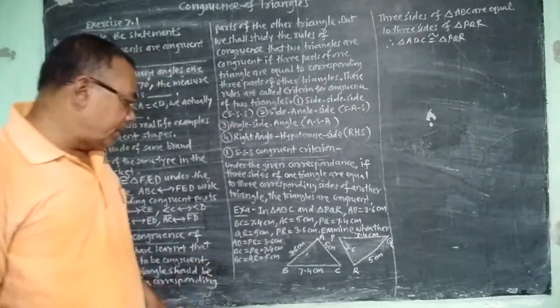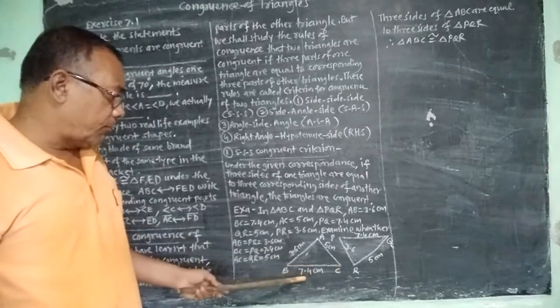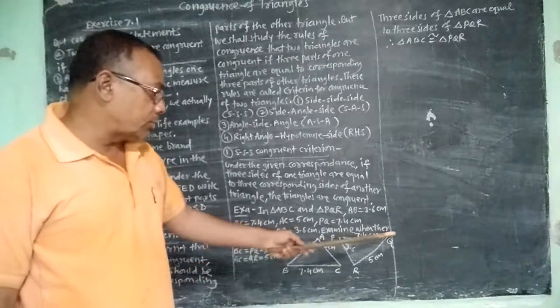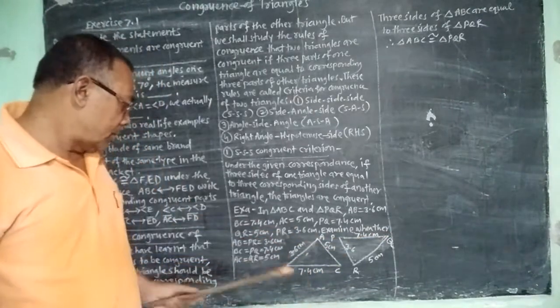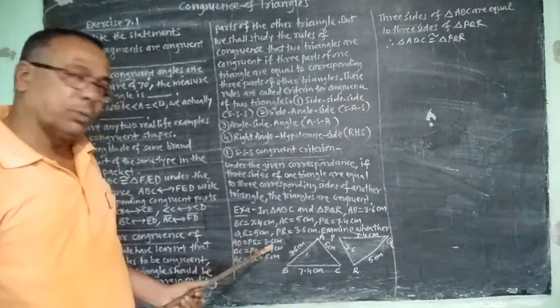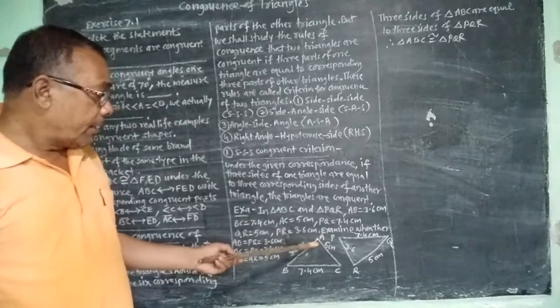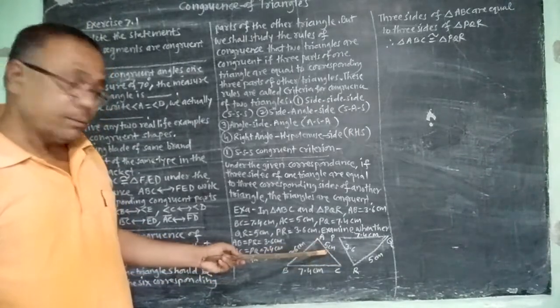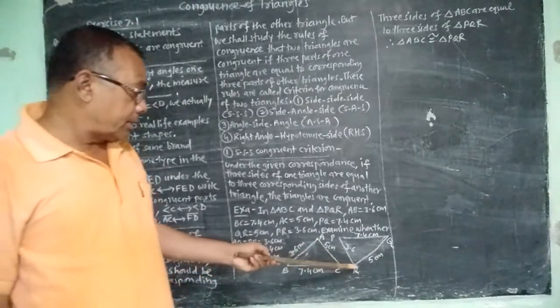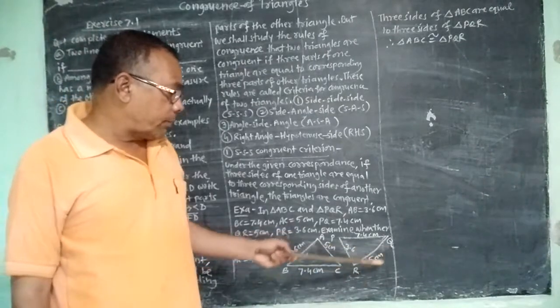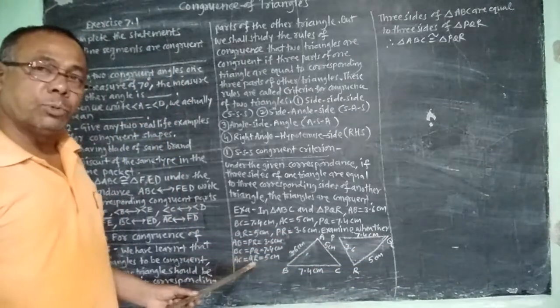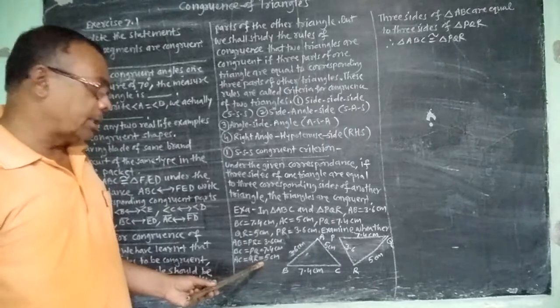Then BC is 7.4 centimeter and PQ is also 7.4 centimeter. So BC is equal to PQ is equal to 7.4 centimeter. Then AC is 5 centimeter, and in the second triangle QR is also 5 centimeter. So AC is equal to QR is equal to 5 centimeter.